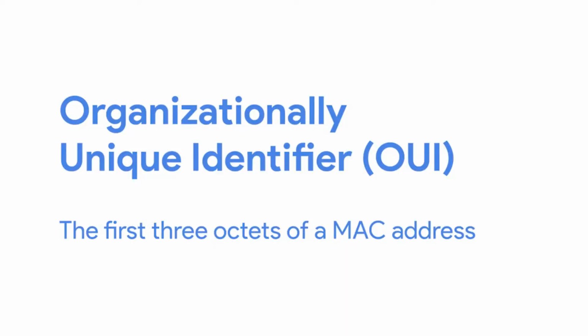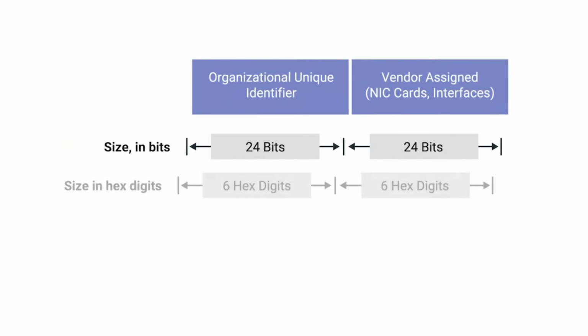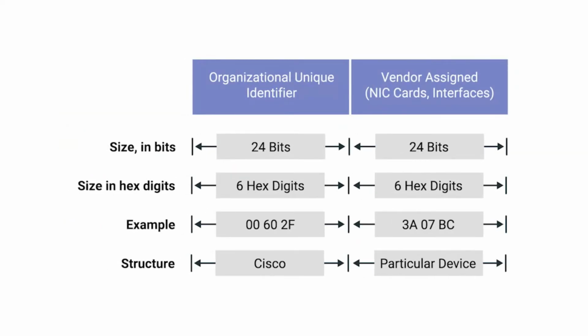A MAC address is split into 2 sections. The first 3 octets of a MAC address are known as the Organizationally Unique Identifier, or OUI. These are assigned to individual hardware manufacturers by the IEEE, or the Institute of Electrical and Electronics Engineers.